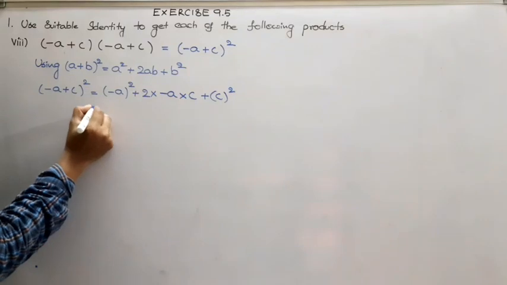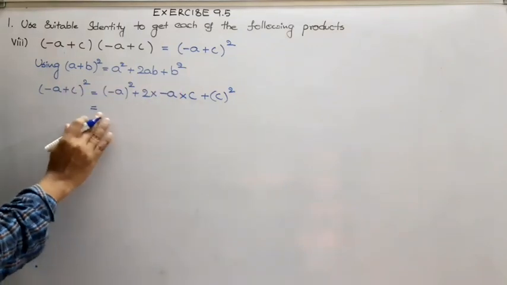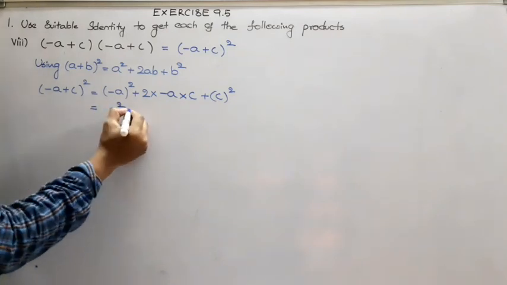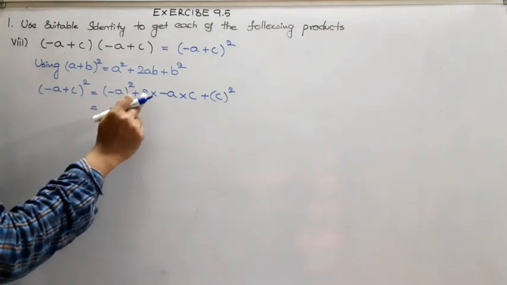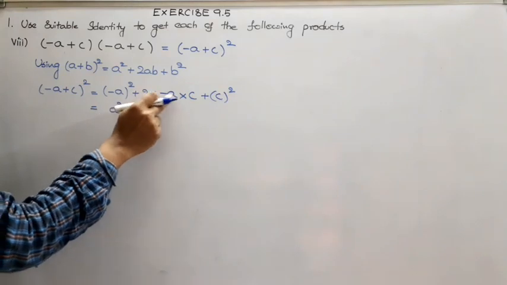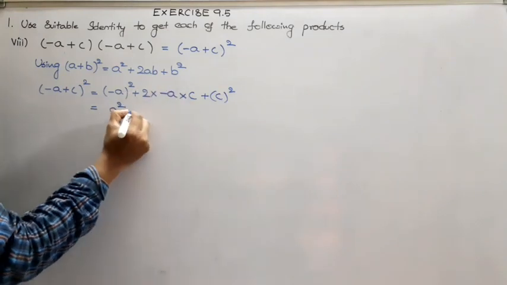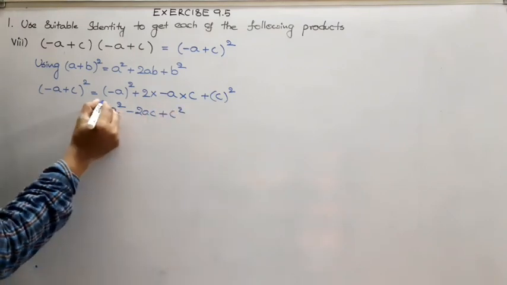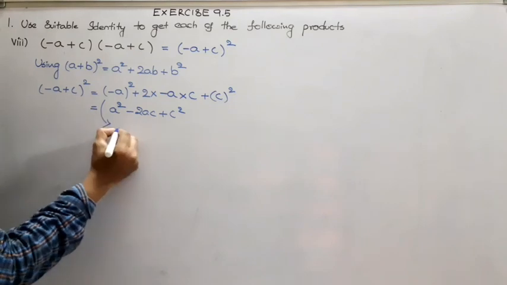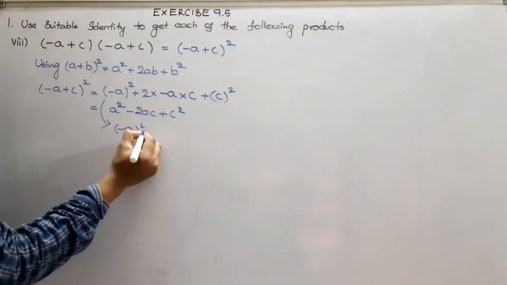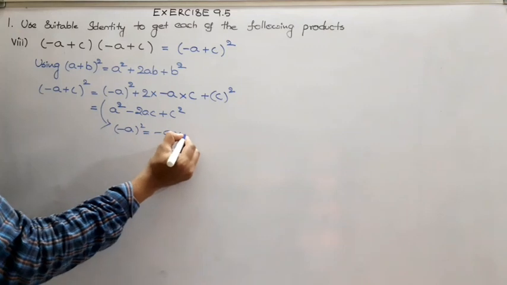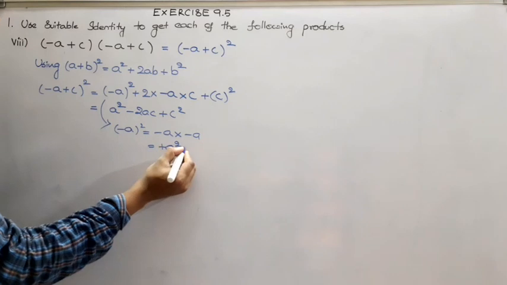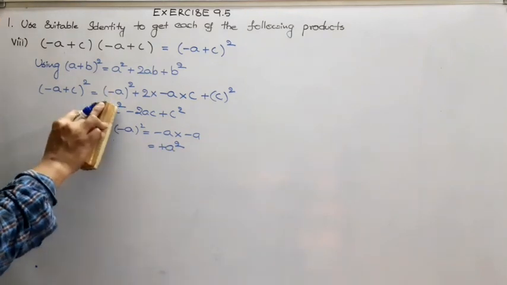So let us simplify. (Minus a) whole power 2: minus into minus will become plus, and it will be a square, plus minus into plus, minus 2ac, plus c square. Check this term once, children. (Minus a) whole square, that means how can we write it? Minus a into minus a. So minus into minus is plus, a into a is a square. Hope you got the point.